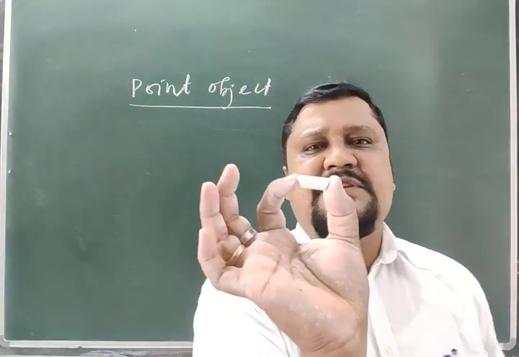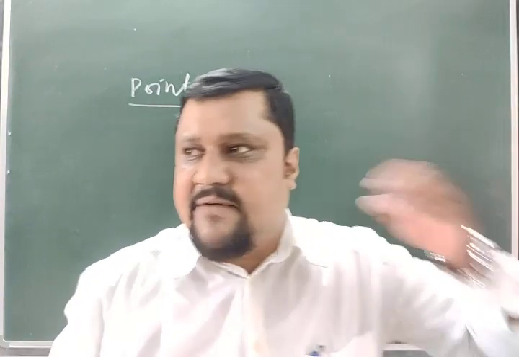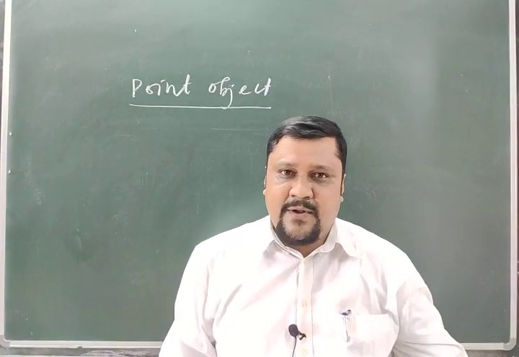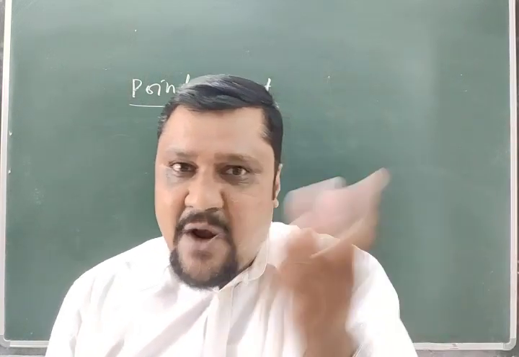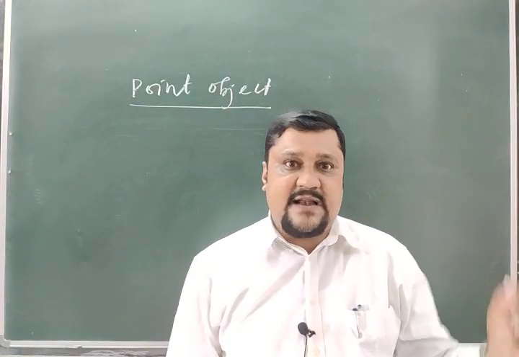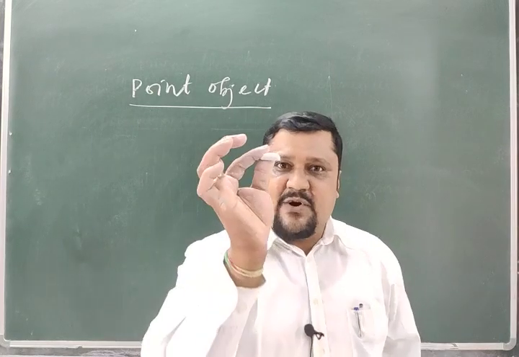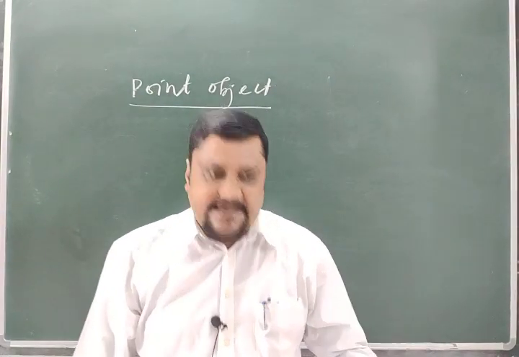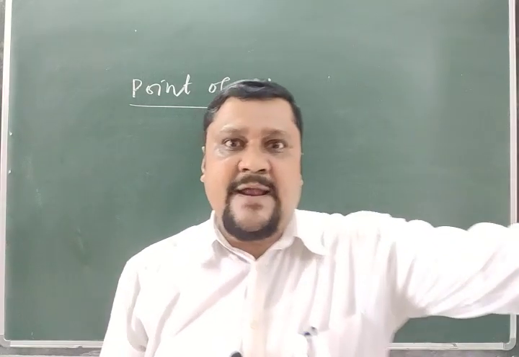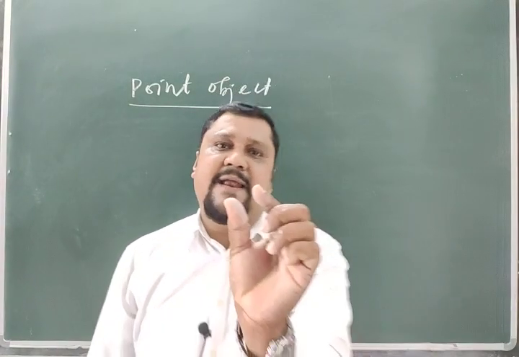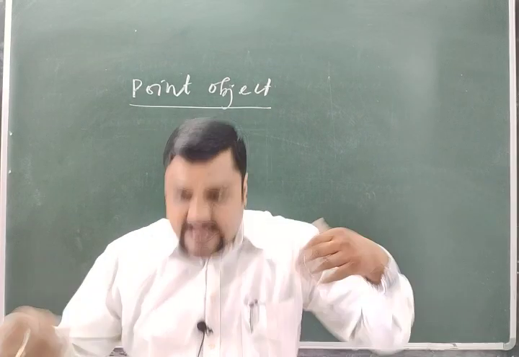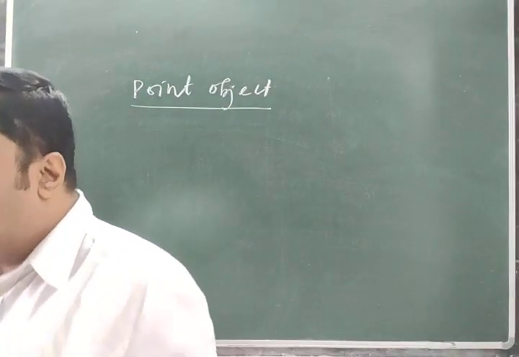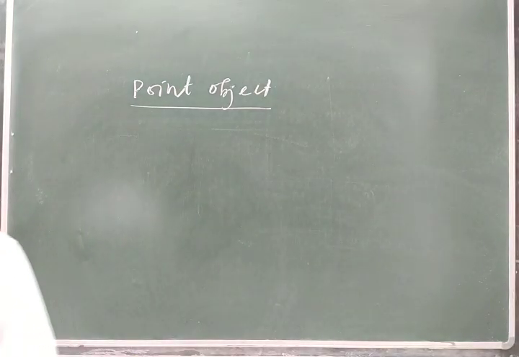But if a train moves 100 meters, then the dimension of the train cannot be neglected compared to the distance traveled. In this case, the chalk can be considered a point object, but the train cannot. Similarly, if the train travels 100 km, the train can be called a point object. On that basis, we understand the concept of a point object.